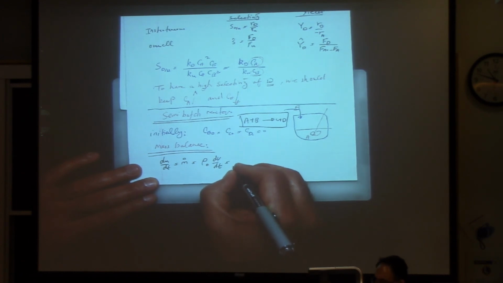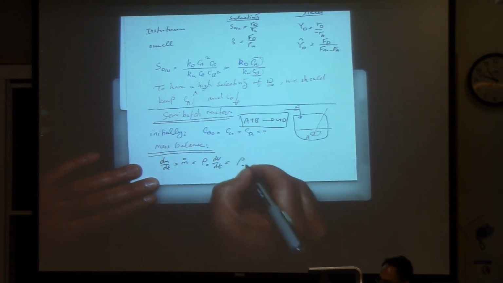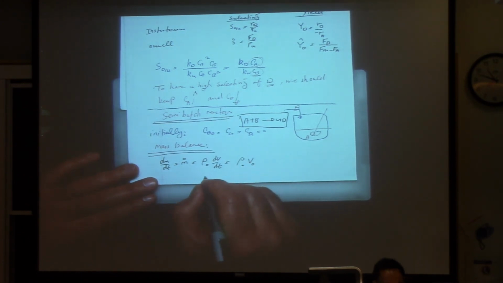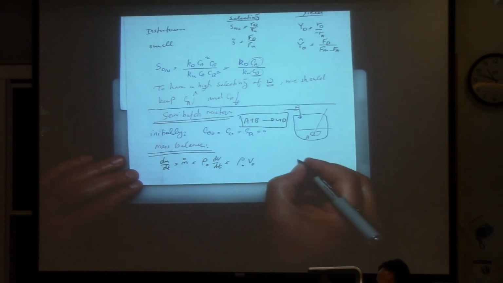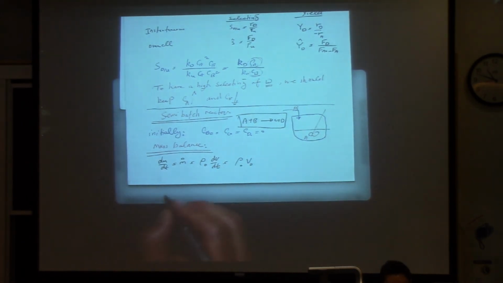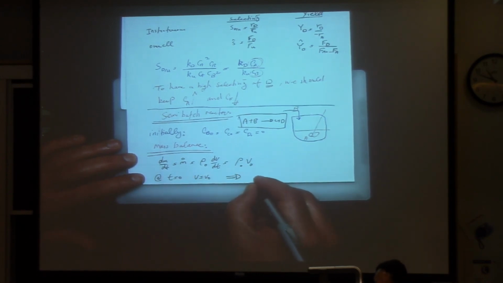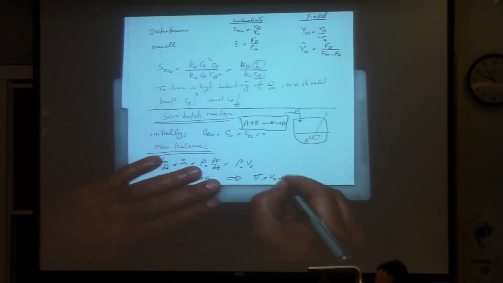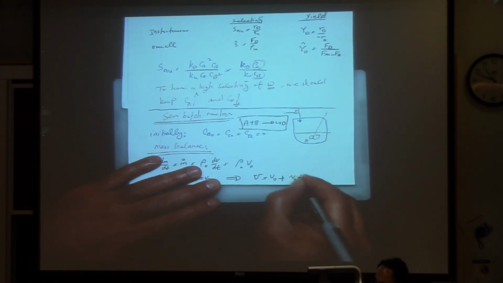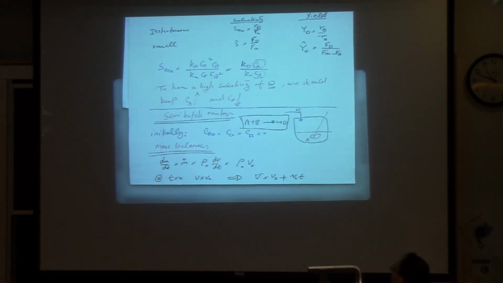If you are adding a certain component at a constant rate, it would be rho_0 times v_0, where dV/dt is v_0. So if at t equals 0 your V is V_0, the initial volume, then the volume is V_0 plus v_0 t, where v_0 is dV/dt.